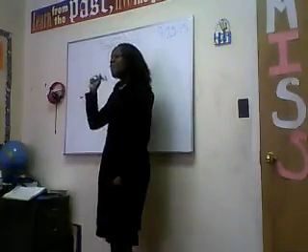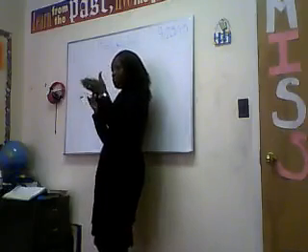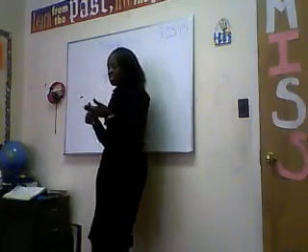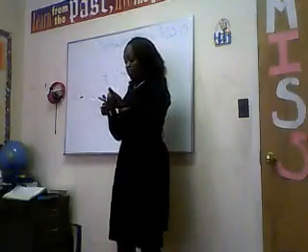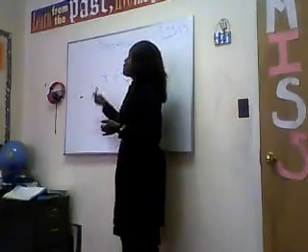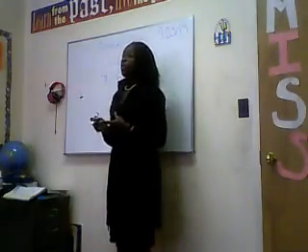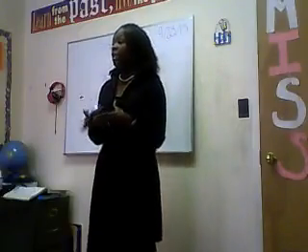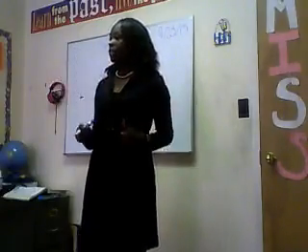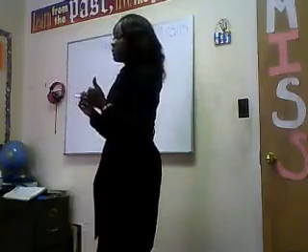So get this. You may have a problem where you're adding fractions, subtracting fractions, multiplying fractions, or dividing fractions, and you may come up with this answer. But the problem may say, write the answer in the simplest form.